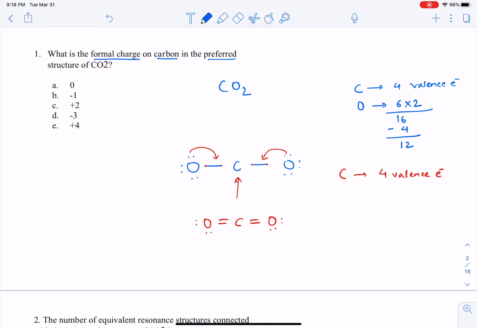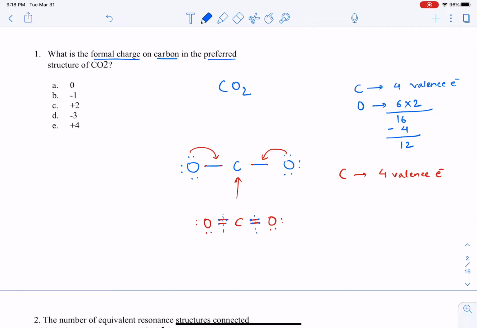In each bond there are 2 electrons, and each electron is from one of the atoms. So 1 electron was given by oxygen, 1 was given by carbon. So each bond can be considered as 2 electrons, 1 electron from each side. So carbon now has 4 electrons on its own side.